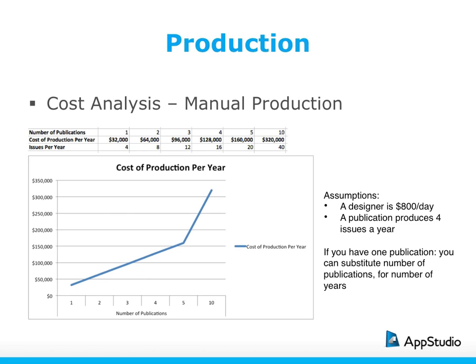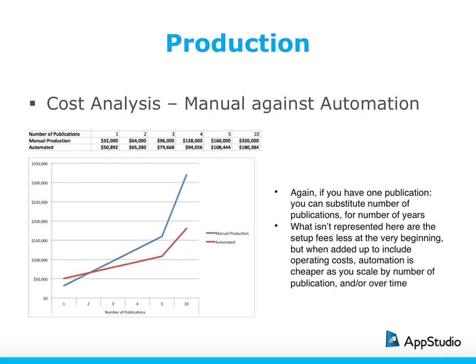What effectively it says is that, manual against automation, the important thing to bear in mind is automation may have some more setup fees, and manual costs are very linear. So the more issues you produce, the more costs there are, because every issue is being laid out manually.